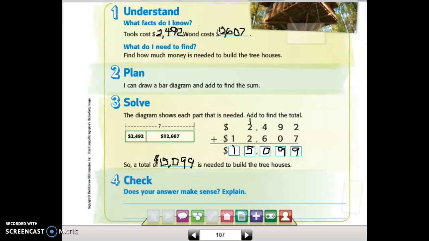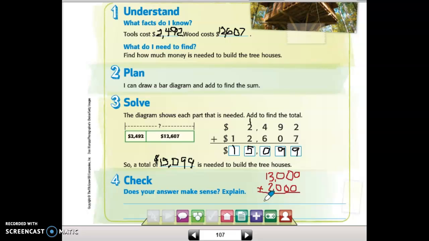The other thing you can do is round. If I'm going to estimate these two numbers, 12,600 would round to 13,000, and 2,400 would round to 2,000. When I rounded 12,600 to 13,000 and 2,400 to 2,000, you can see 13 plus 2 is 15.